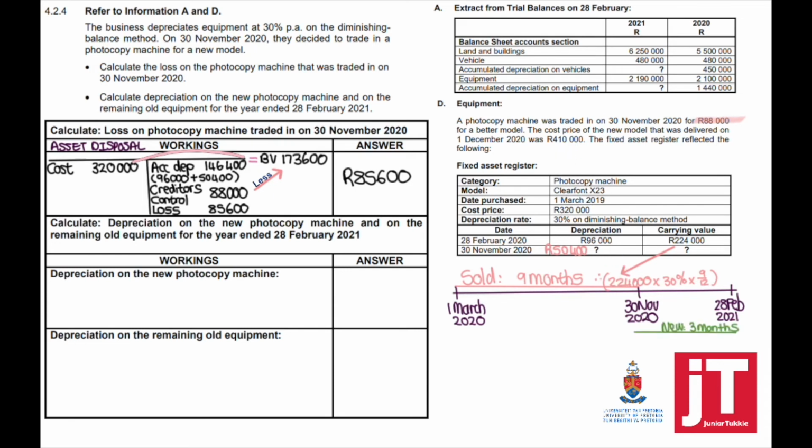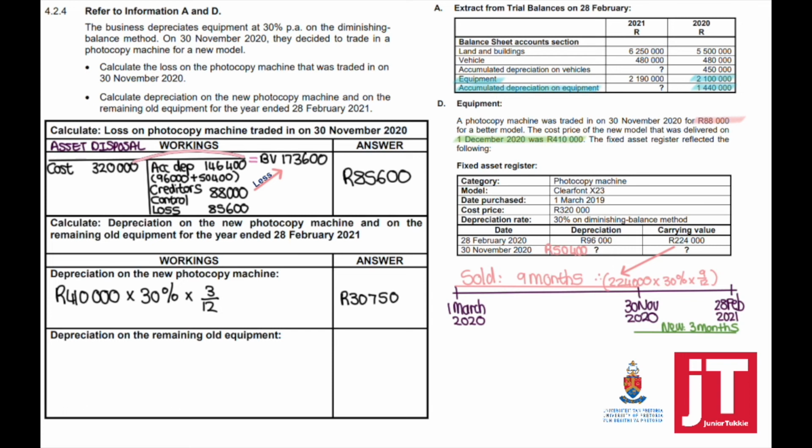It means that we need to calculate depreciation from 1 December until 28 February. That is equivalent to 3 months. When we're calculating on the new, it doesn't matter if it's diminishing balance method or cost, because we're calculating it for the first time, it will always be on the cost. So 410,000 times 50% times 3 divided by 12.